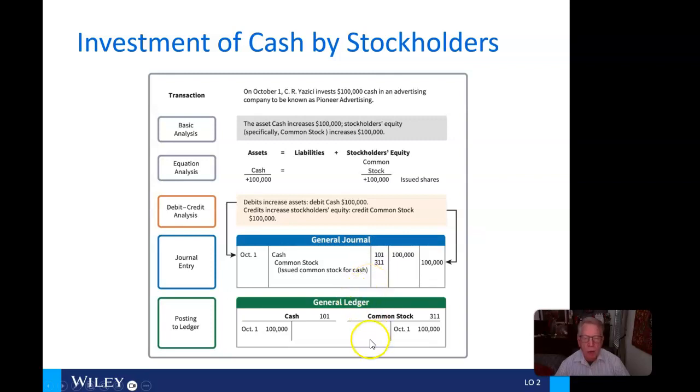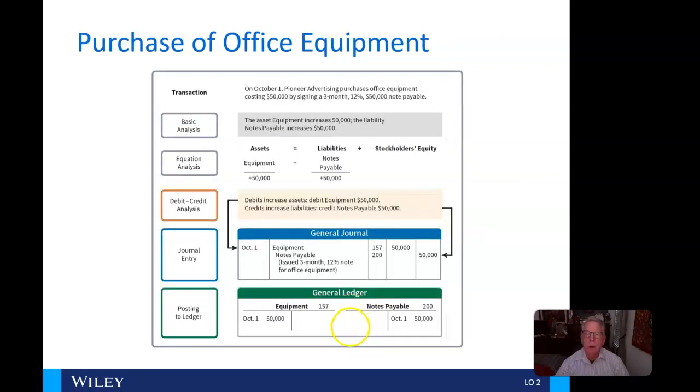And then in the general ledger, we're going to find a cash account and a common stock account. Usually that's going to have a running balance for each of those general ledger accounts. Okay. So now here we've done another analysis. We've purchased some office equipment costing $50,000. And equipment goes up, notes payable goes up, and then the effect on the general ledger.